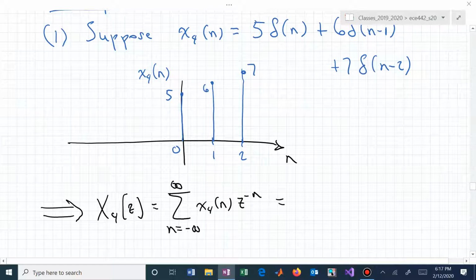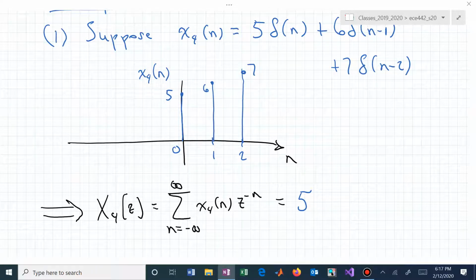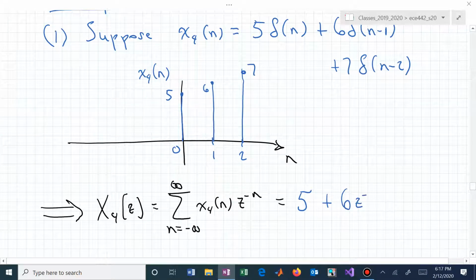We know that it's x at time 0 times z to the minus 0, so that's x of 0 times 1, that's 5, plus 6 z to the minus 1 plus 7 z to the minus 2.